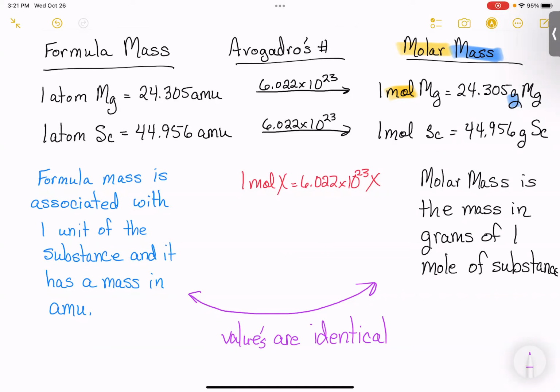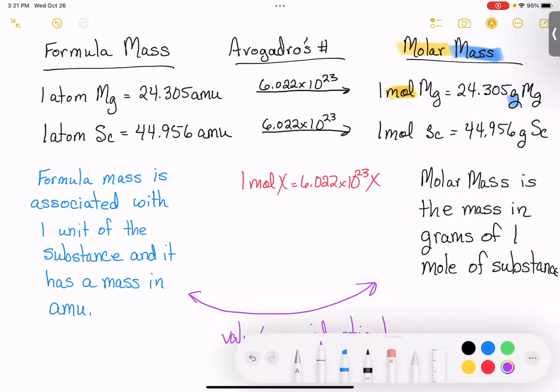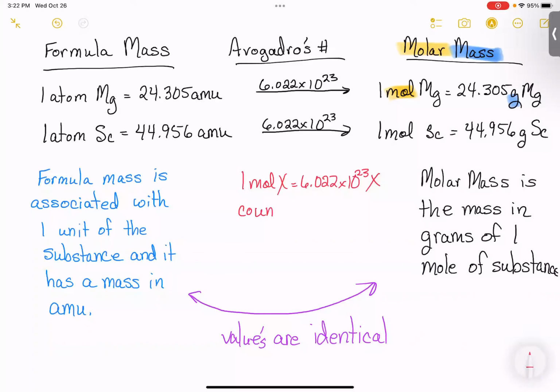Avogadro's number, folks, is a counting number. Just like you count out 12 eggs to get to a dozen, to get to a mole, you count out 6.022 times 10 to the 23rd. It's just a counting number.